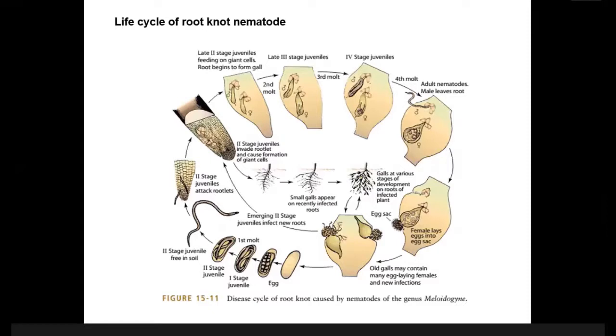You understand? So when root gall or root tumor or root knot occurs in the root region, then this excessive number of cells and aberrant size cells will exert pressure in the root, right?